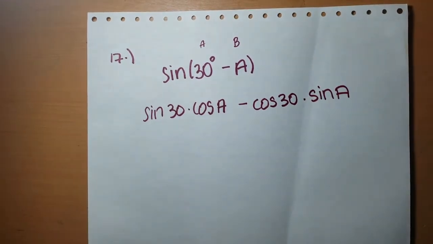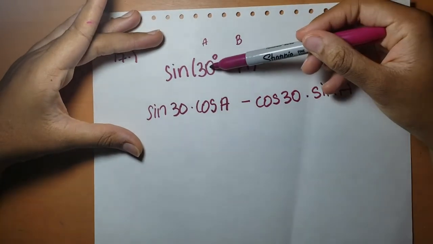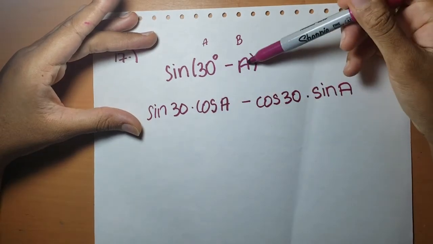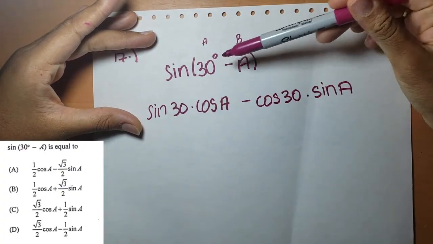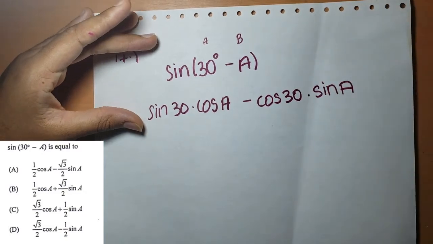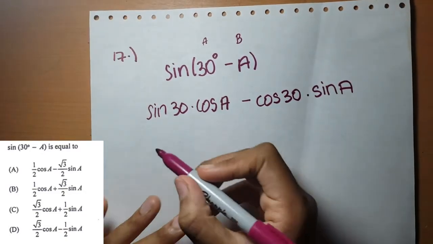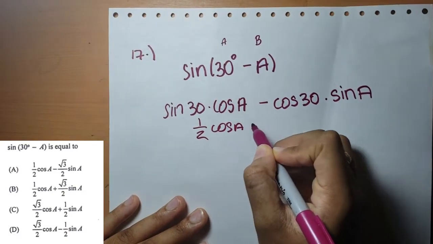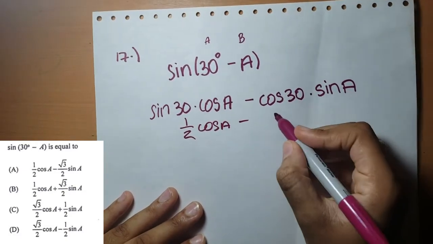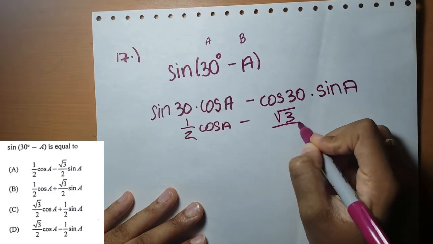So basically we do sine of the first one times cos of the second one. Then we keep the sign. Then we do cos of the first one times sine of the second one. So we all know that sine 30 is equal to a half, cos a minus, and what is cos 30? Cos 30 is root 3 over 2.